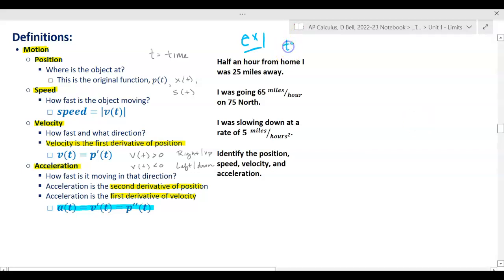So if t is in hours, then half an hour would be t equals 0.5. Remember, our position function is p of t. So our position at 0.5 hours would be 25 miles. That's how far we've traveled.